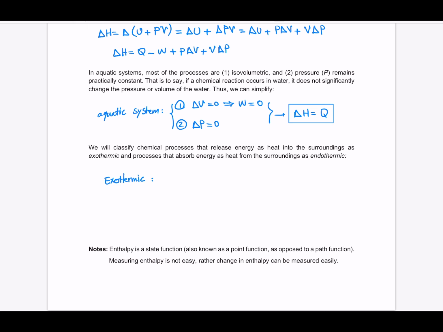They exhaust heat. As I mentioned, heat from the system to the surroundings has a negative sign. So then delta H would be negative.